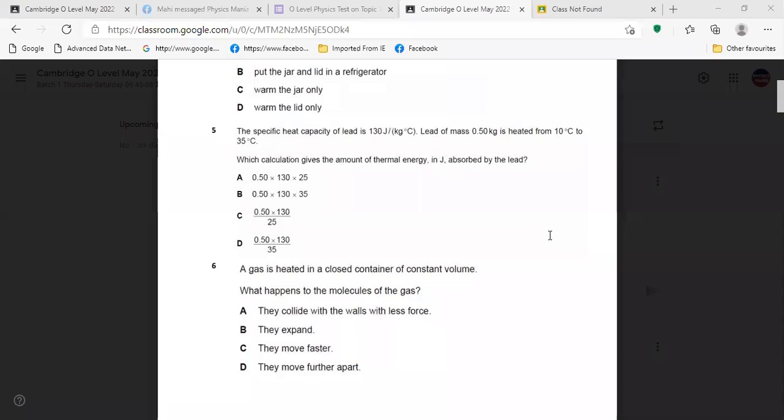Here the specific heat capacity is given. We are going to find the heat energy required, so we can write Q equals mc del theta. If we rearrange, which one will be our answer here? Is it A or B?